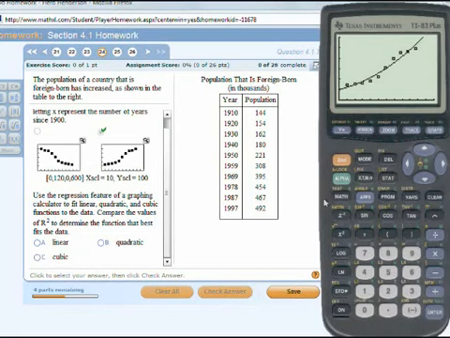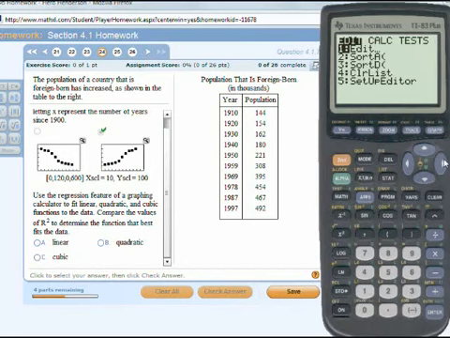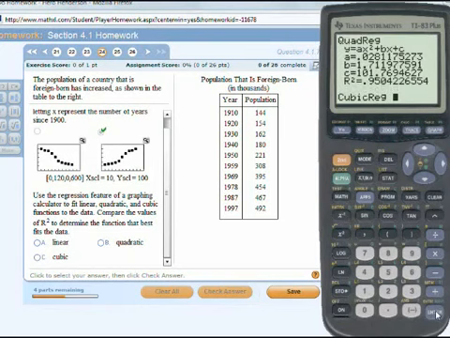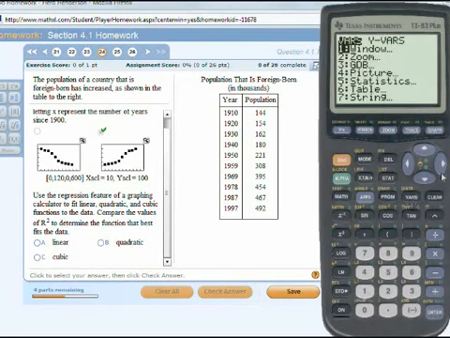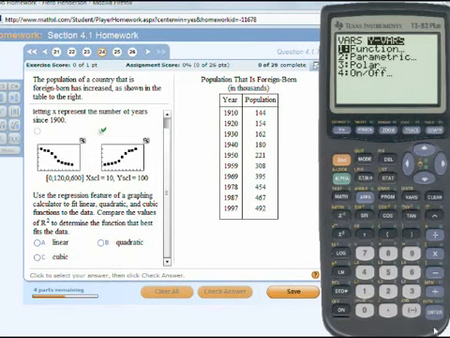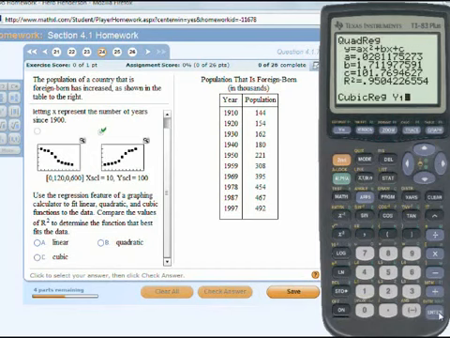Okay, let's go look at our last choice, which would be cubic function. So I go over here and I look for cubic reg, enter. Once again, vars, because I feel like looking at it. Enter, enter, enter.